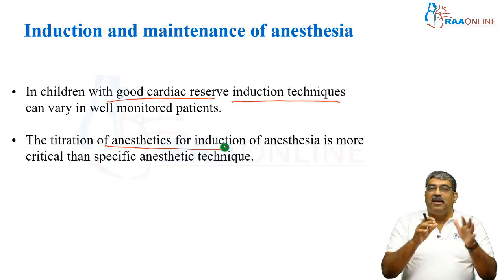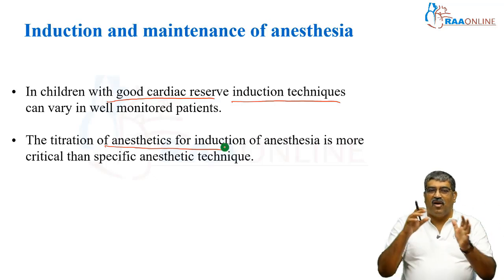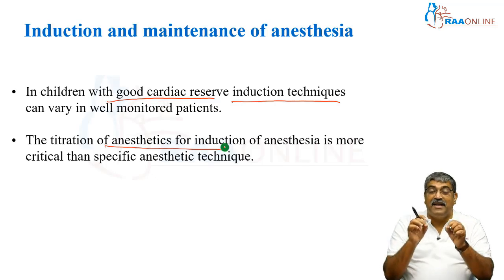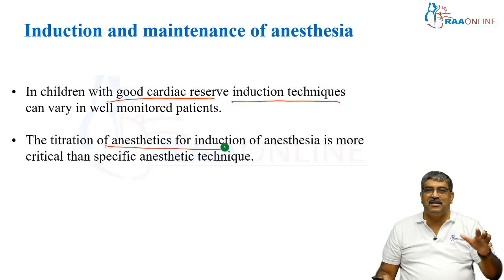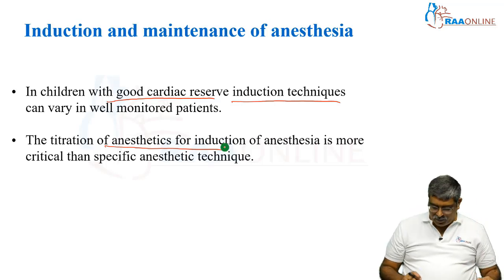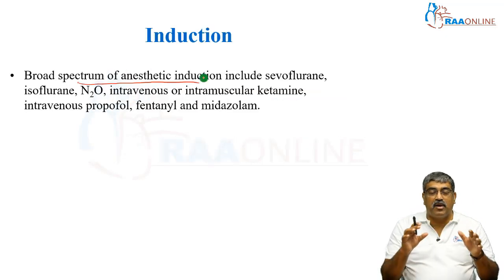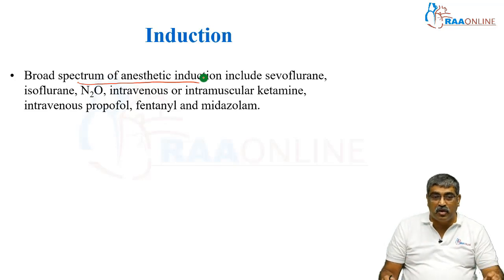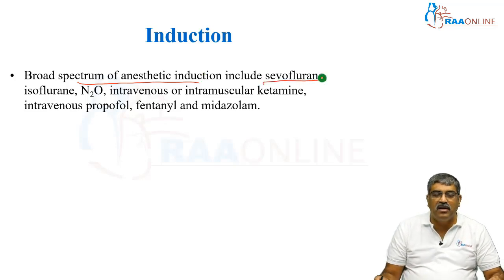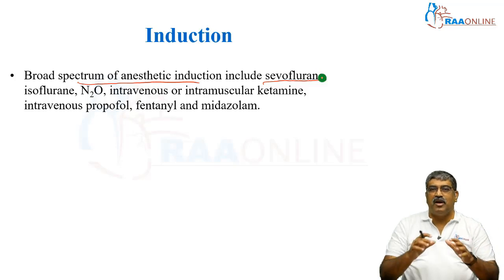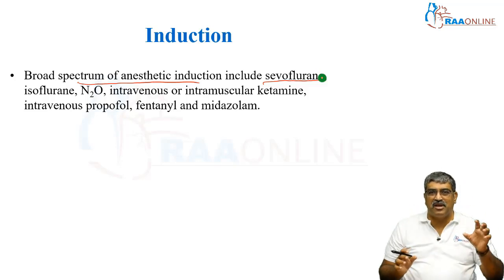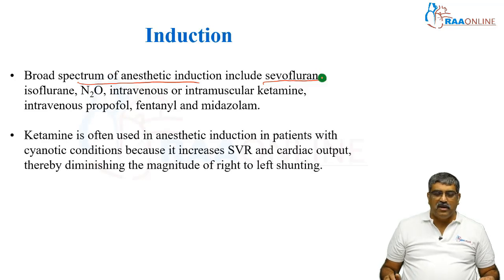That means it doesn't matter whether it is inhalational or intravenous induction, but the titration of the required amount of drug for that particular disease is very important. A broad spectrum of anesthetic induction agents includes sevoflurane, isoflurane, nitrous oxide, intravenous or intramuscular ketamine, intravenous propofol, fentanyl and midazolam. Usually these are the various drugs which are used in combination.